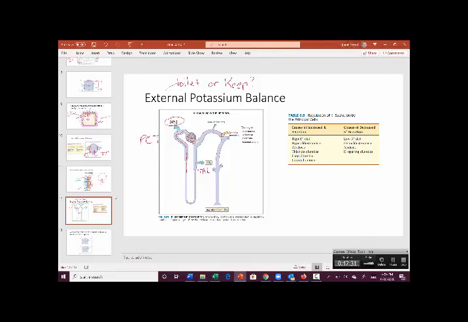So that means we're roughly around 85 to 87% of our filtered load of potassium reabsorbed. Now, what about that last 15 to 17%? Well, that's where we have the late distal convoluted tubule. And it's the late distal convoluted tubule, two different cell types, and I'll show you two different cell types.